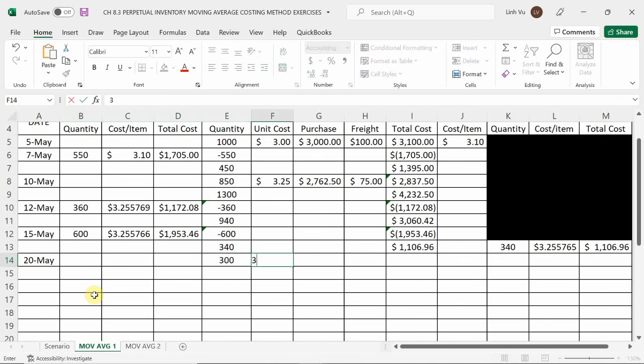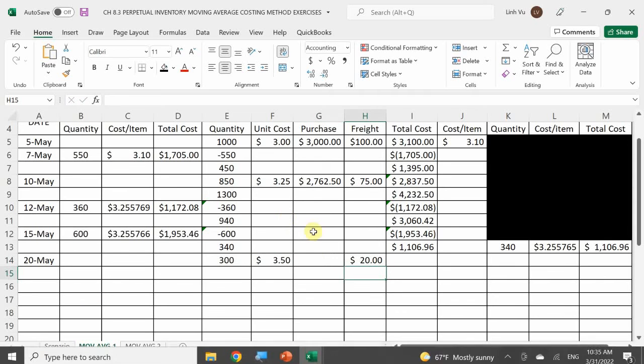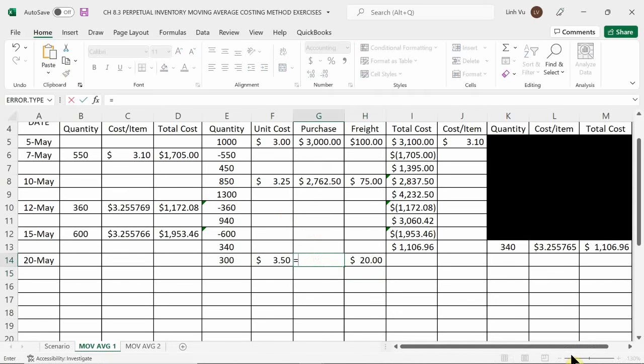In this case, what's my purchase price here? The purchase price is $1,050 and the total cost is $1,070. Good.